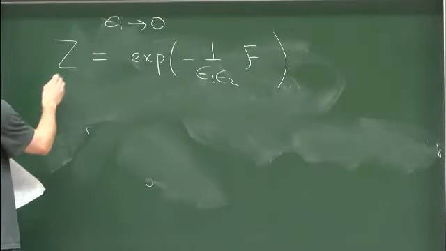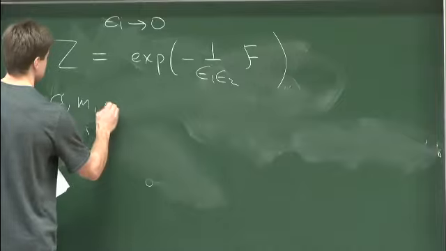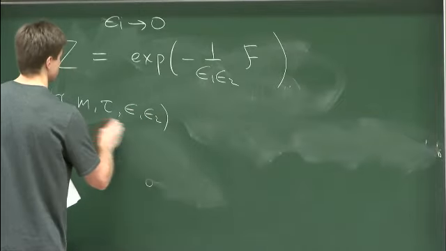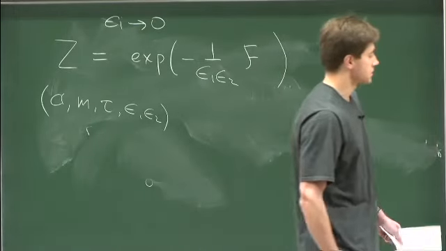So this function depends on the same parameters, A, M, tau, and in addition, the parameters epsilon 1, epsilon 2. So that's the object that we want to compute explicitly by summing over instantons.